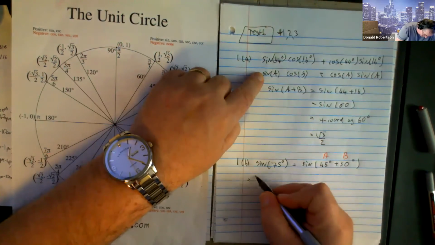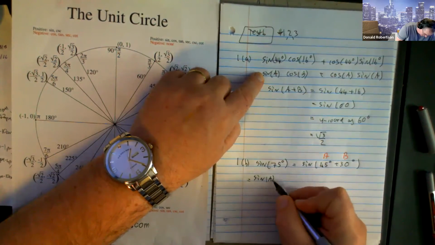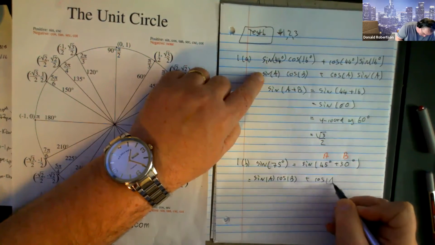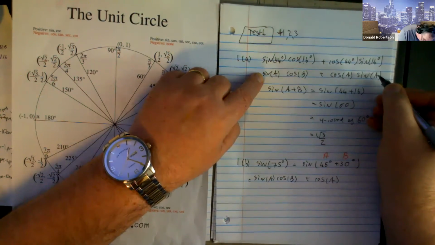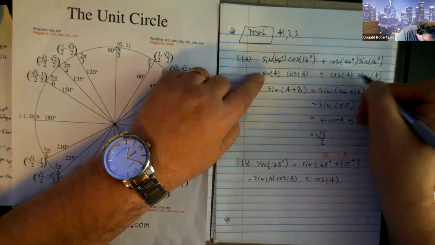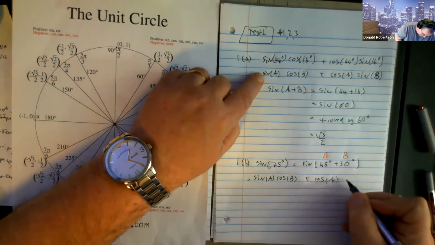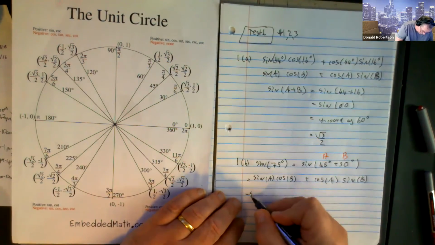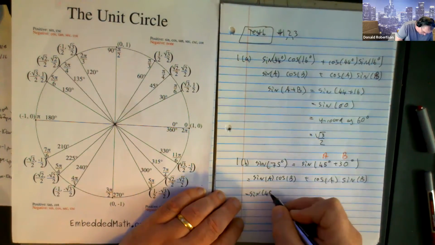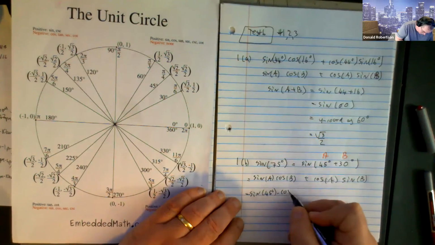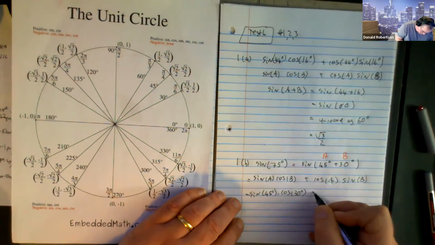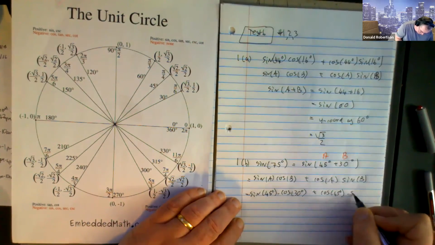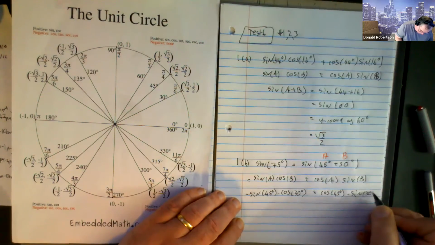I get the sine of A cosine of B plus cosine of A sine of B. That becomes the sine of 45 degrees times the cosine of 30 plus the cosine of 45 degrees times the sine of 30 degrees.